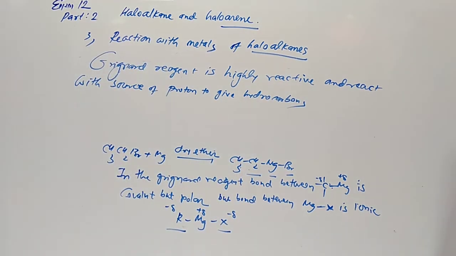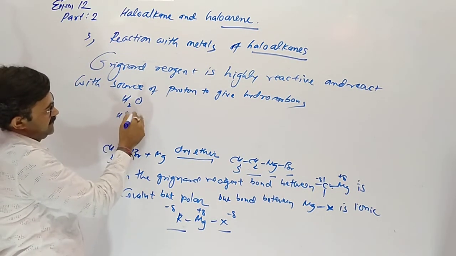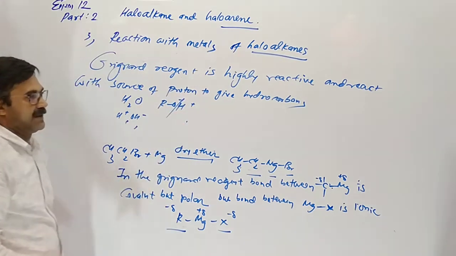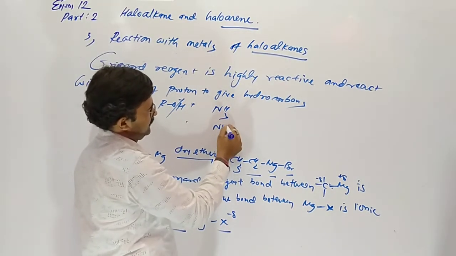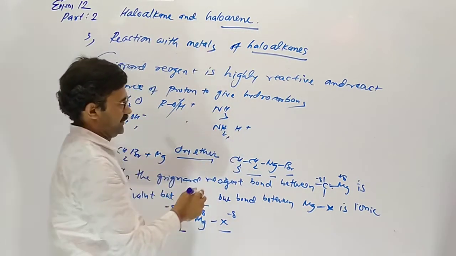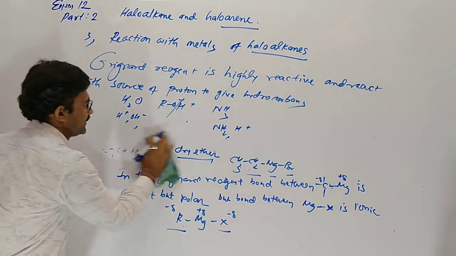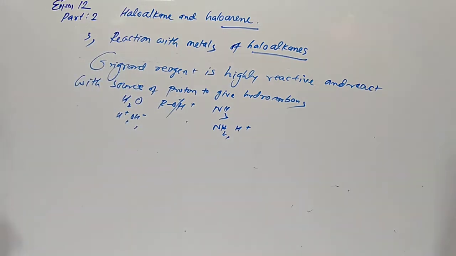It gains a proton from the solvent and gives a hydrocarbon. Even water, in which H plus is present, alcohol and amines. In ammonia there is also a positive charge, hydrogen is present, acidic. So they convert easily into the corresponding hydrocarbon. We are going to discuss it.